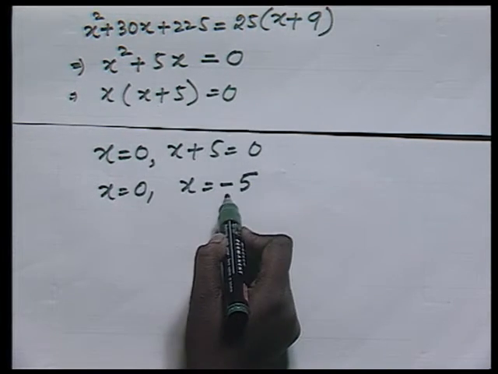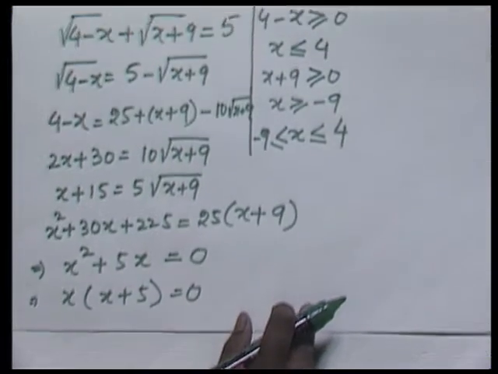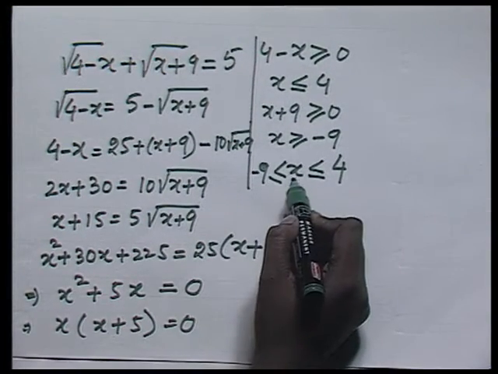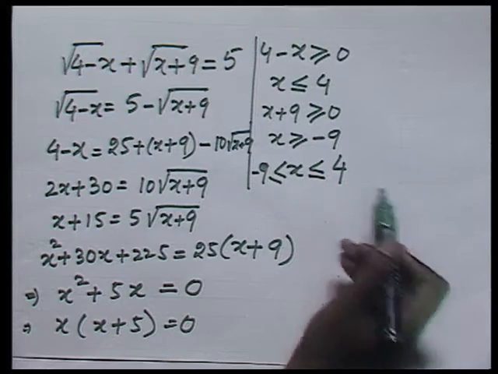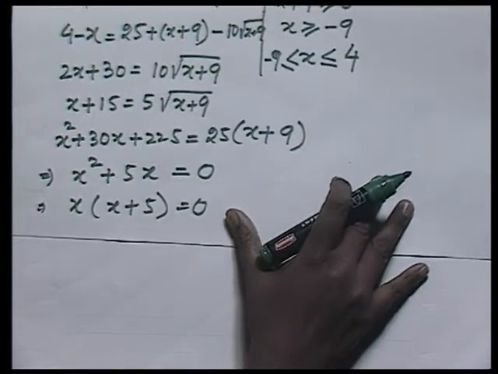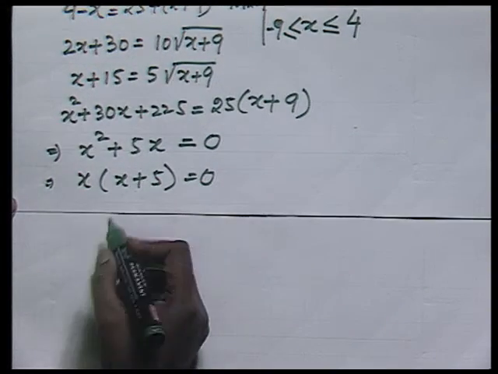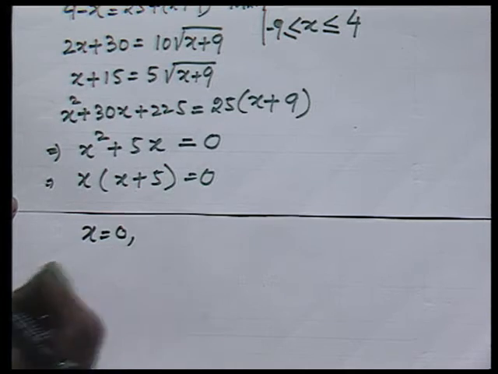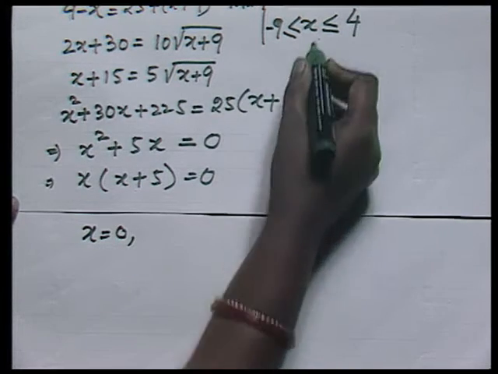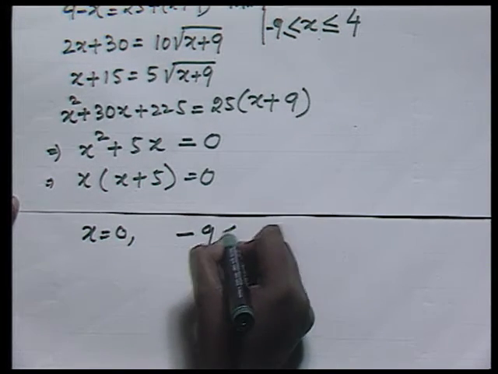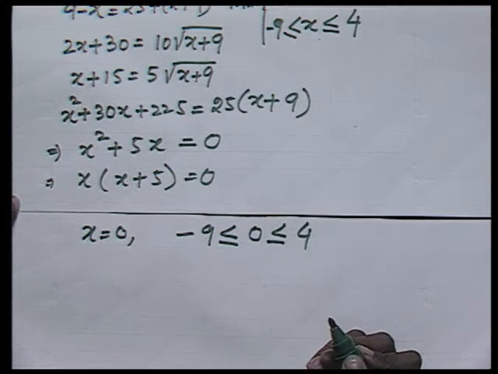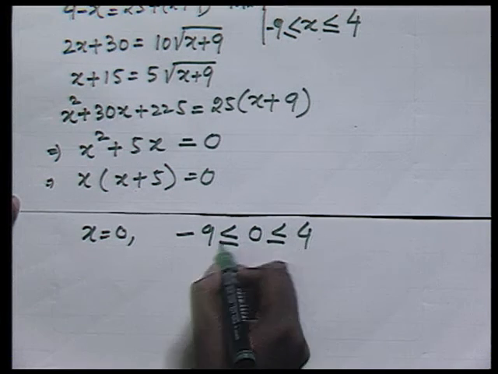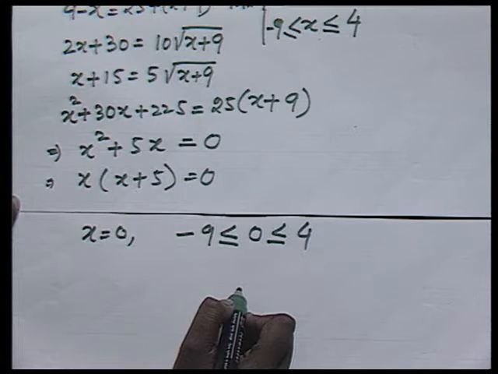But do these values of x satisfy our condition x greater than equal to minus 9 and less than equal to 4? Let us see. When x is equal to 0, then putting in this condition we have minus 9 less than equal to 0 less than equal to 4. That means x is equal to 0 satisfies this condition.